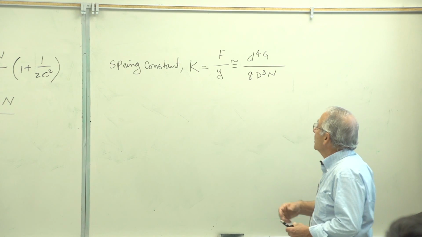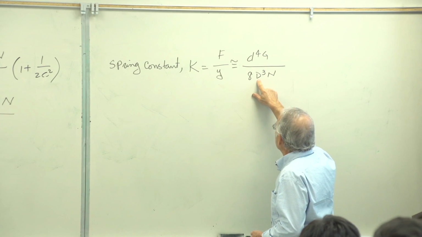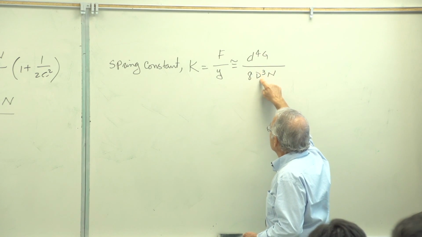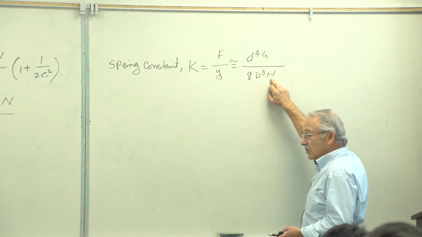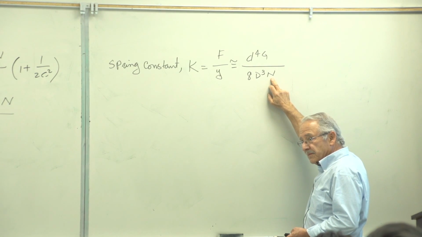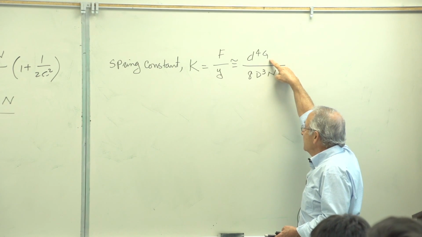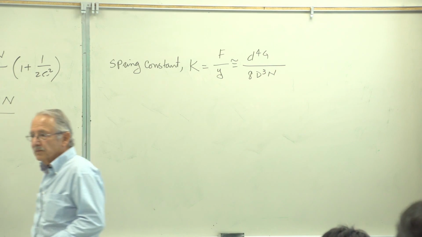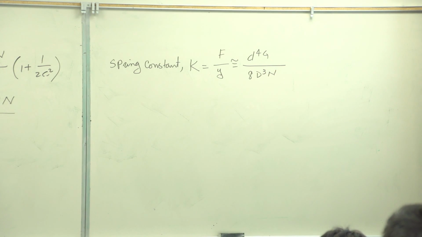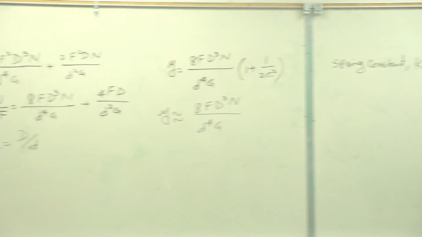So knowing the geometry of the spring, capital D and lowercase d, and also the number of coils, of course, and the properties of the spring material, we can calculate the spring constant. And that is a very good equation for calculating spring constant.